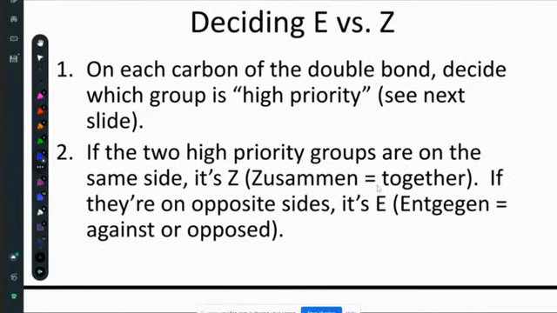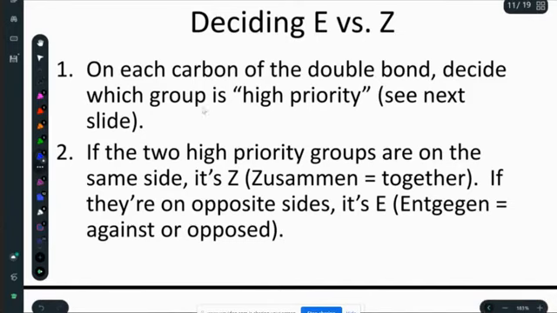All right, so someone had to come up with rules. I think this naming system gets its name from three people. I think it's called the Cahn-Ingold-Prelog system. So to decide E versus Z, we've got to go through some rules. On each carbon of the double bond, we're going to assign high priority to one of the groups and low priority to the other group.